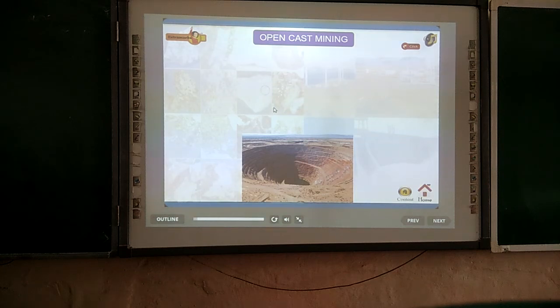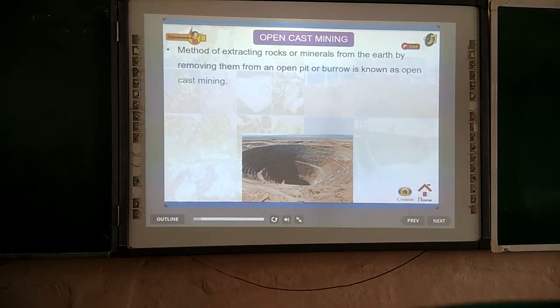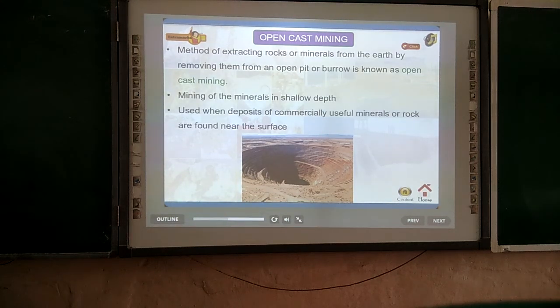Open cast mining is the method of extracting rocks or minerals from the earth by removing them from an open pit or burrow. Mining of the minerals in shallow depth. It is used when deposits of commercially useful minerals or rock are found near the surface.